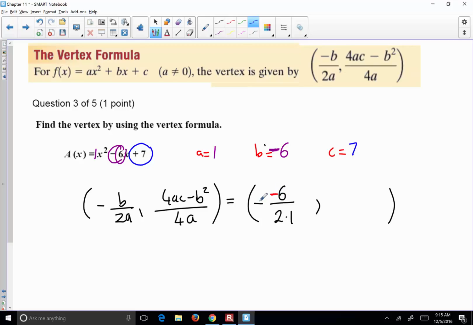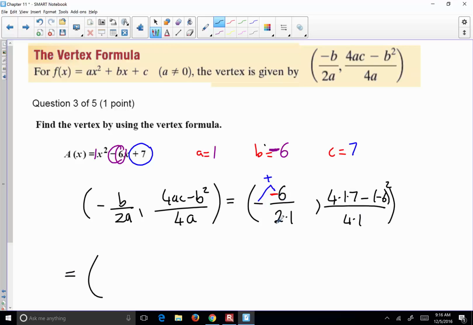Negative of B is negative of negative 6, but they will eventually combine into positive 6. Then 4AC, 4 times 1 times 7, minus B squared, B is negative 6 squared, over 4A. Alright, let's simplify this.